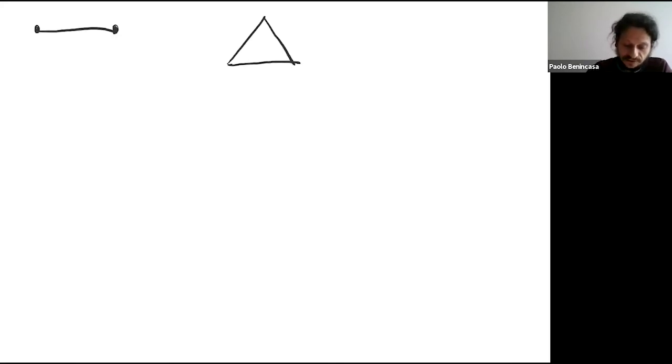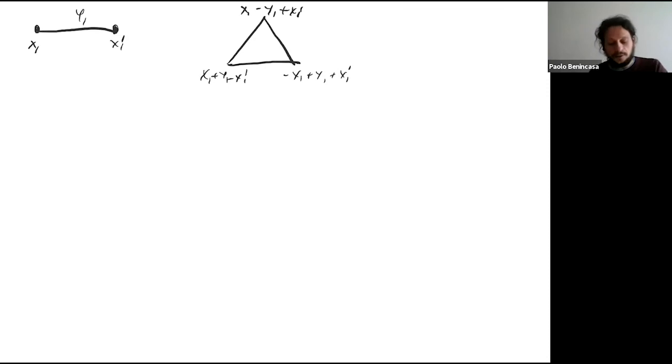The triangle has vertices x1 minus y1 plus x1 prime, x1 plus y1 minus x1 prime, minus x1 plus y1 plus x1 prime. Now, one can make markings on the graph which correspond to the vertices.